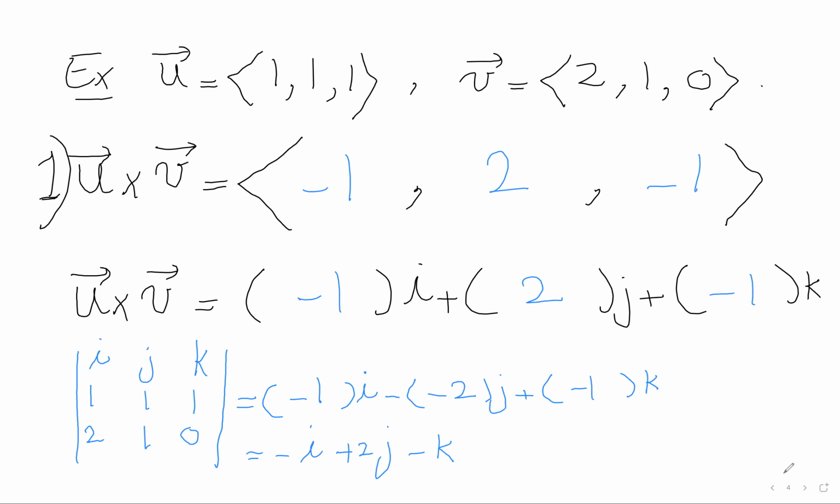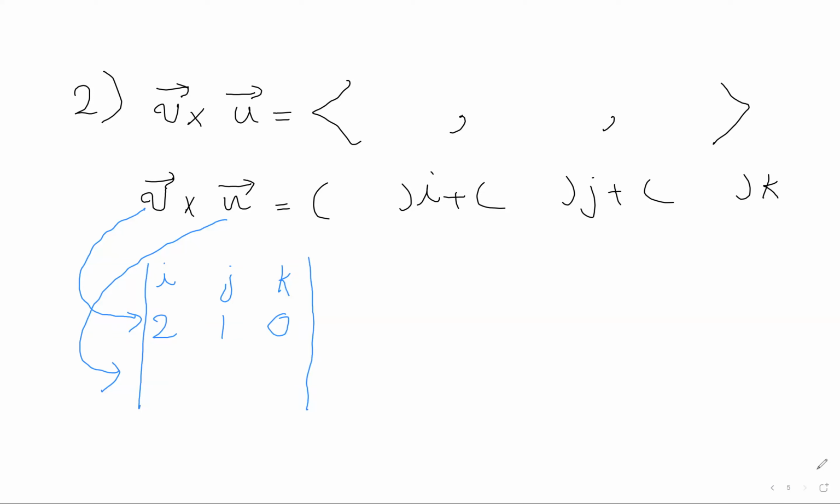As you know, u was 1, 1, 1. So the same way that we did the determinant, if I expand over the first row, i times something, and that something is a determinant. Since i is a vector, let me write i next, and then minus j times a 2 by 2 determinant, and since j is a vector, let me write j after that parentheses, and then plus a parenthesis k.